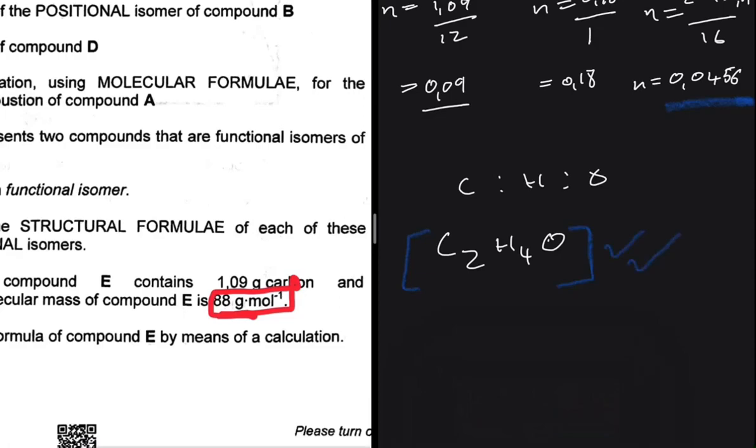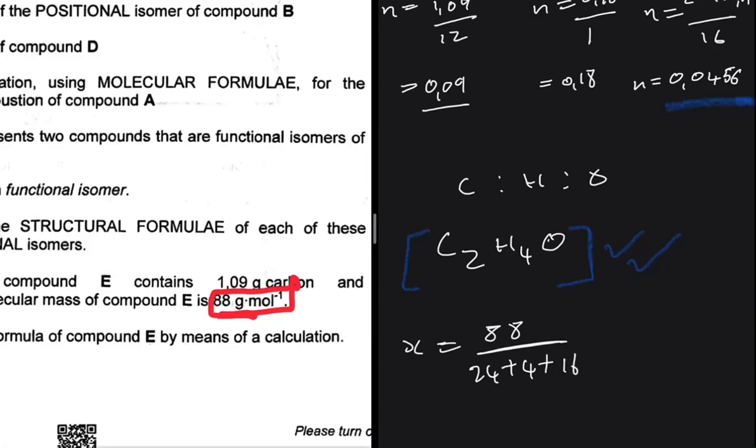So we can say that x is equal to 88 divided by the molar mass of 2 carbons. How much is that? That is 12 multiplied by 2, which is 24. And then 4 hydrogens, that is 4, and then 1 oxygen, that is 16, right?